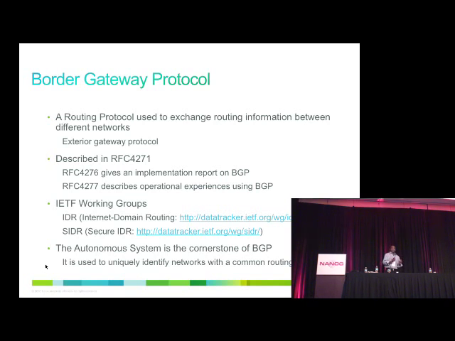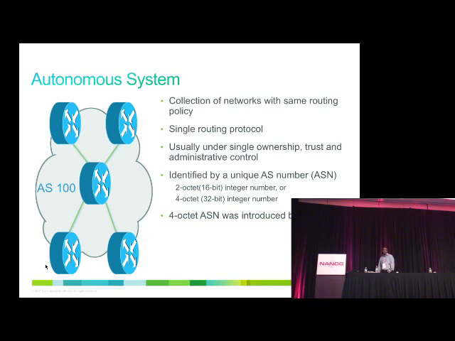So the autonomous system is the cornerstone of BGP, and we'll discuss the autonomous system. So what's an autonomous system? It's a collection of networks within a single administration.